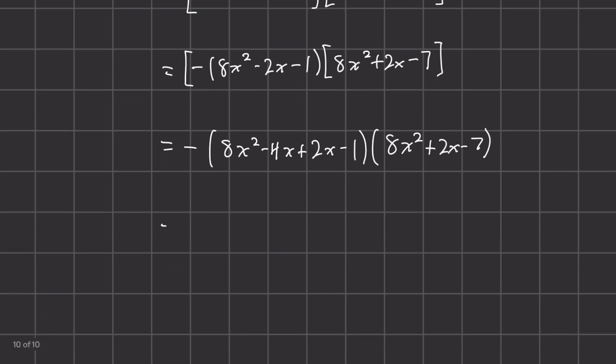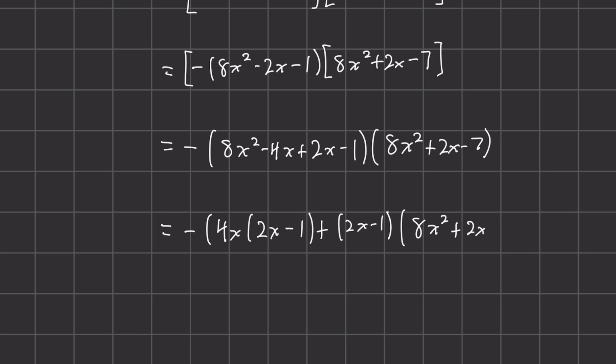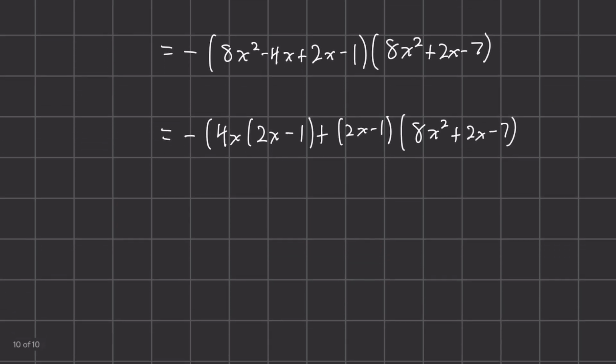Alright. And we just factor by grouping here, 4x, and then we are left with 2x minus 1. And here we just have 2x minus 1. We leave that. We still have our 8x squared plus 2x minus 7 here. There should be a bracket here.